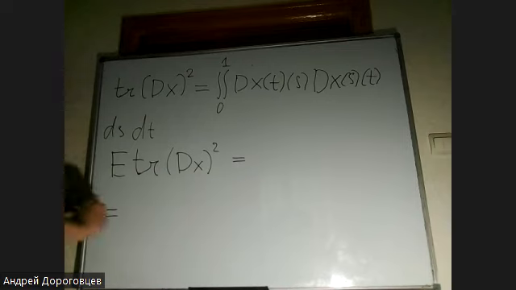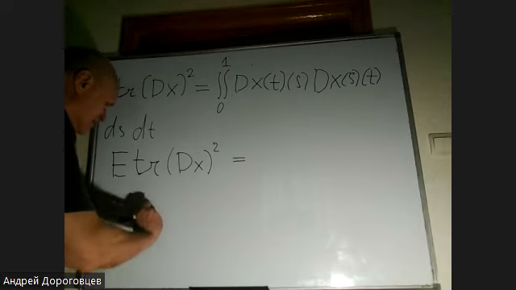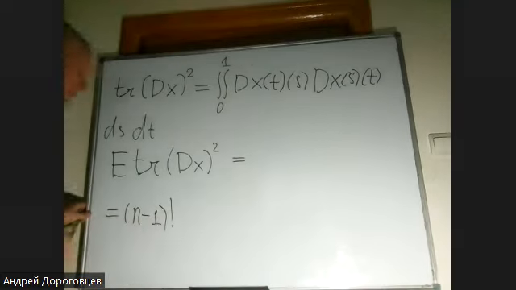So it is n minus 1 factorial, n minus 1 factorial.